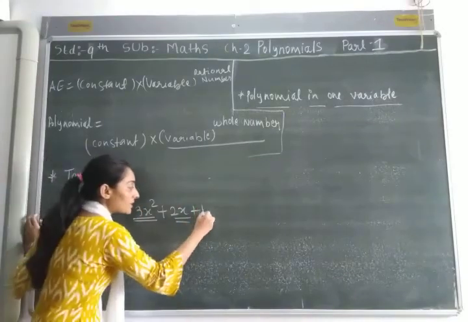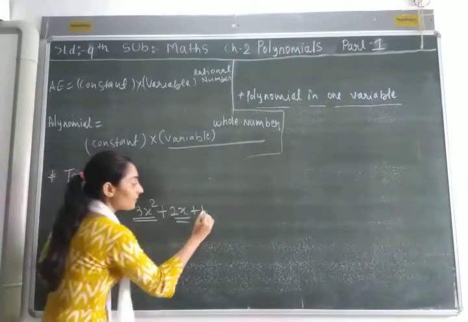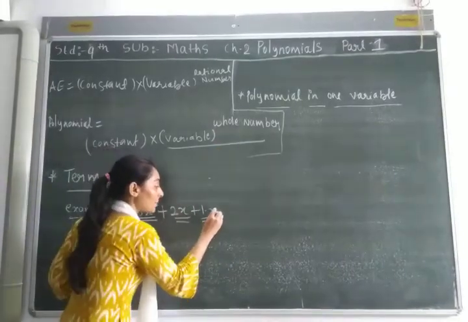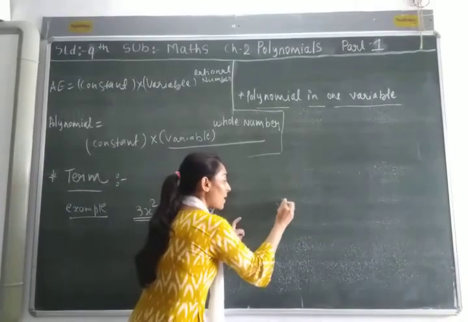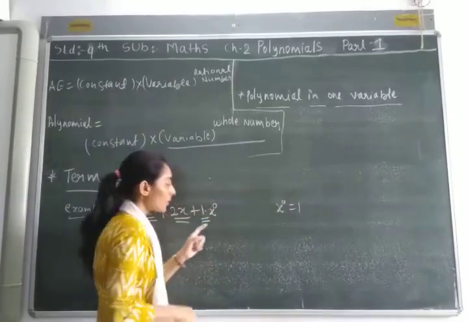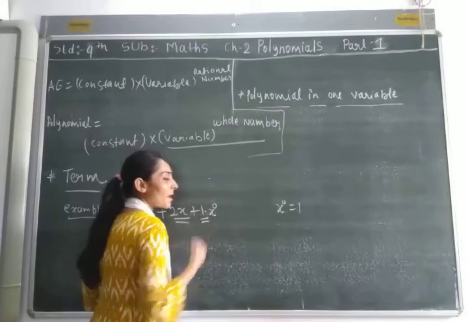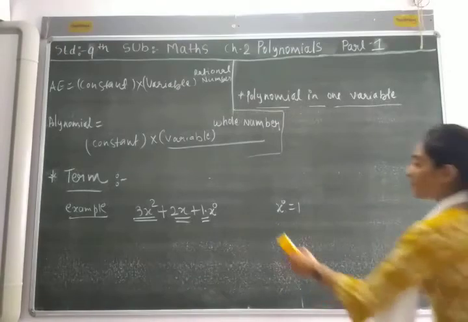See, here 1 is given. It doesn't mean that the variable is not there. If nothing is written over here, it is a whole number, so it can be expressed as x to the power 0, and we know that x to the power 0 is always 1. I am not writing 1 dot x to the power 0 because I am getting 1 only.